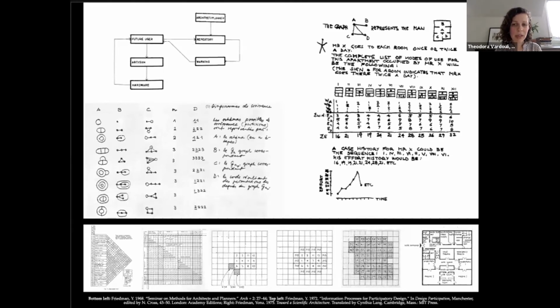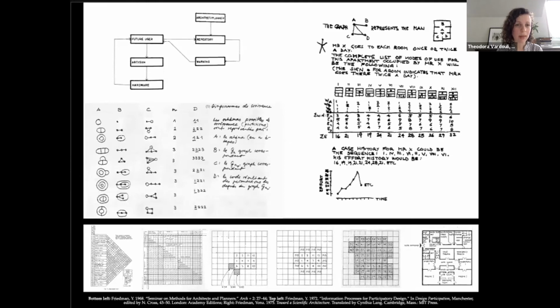So Friedman never cited space allocation work, like everything that I showed earlier. And it's very hard to ignore the affinities of this method with this earlier, more techno-rational work that I was showing. So his method really repurposed floor plan enumeration and layout efficiency calculations from technocracy to democracy, from techno-rational pragmatism to a rhetoric of user agency and empowerment.